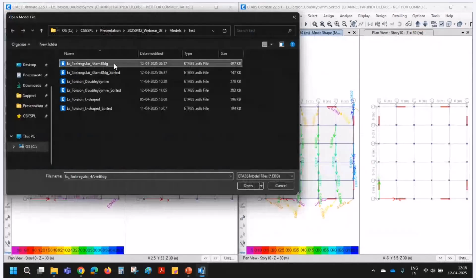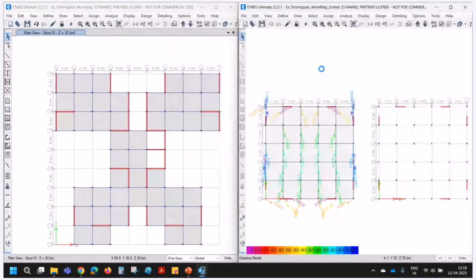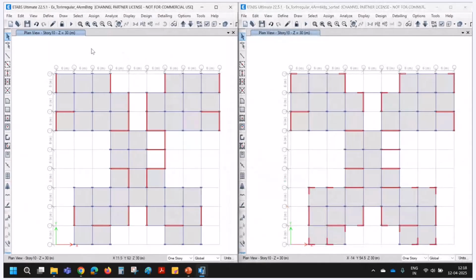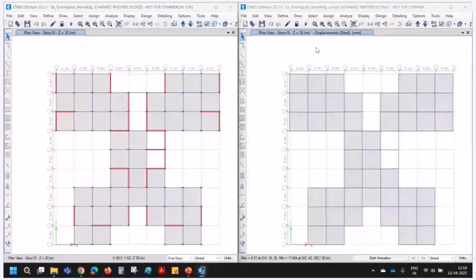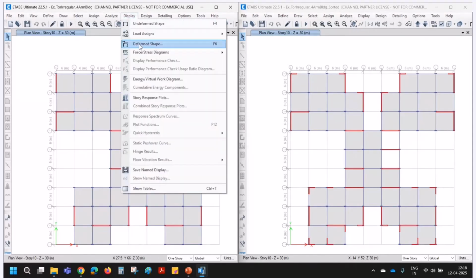So this is a typical apartment building, high-rise building, and the element of walls looks okay, but still we are getting the torsional mode.